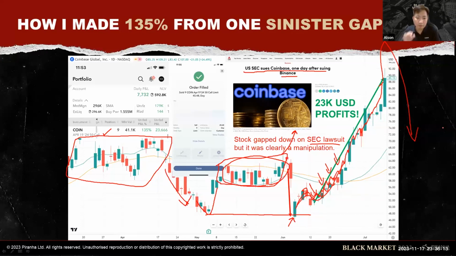When you trade, focus on the price action. And the reason why I had the confidence to enter is because I understand market manipulation. Imagine if I did not understand, I would have been afraid and sold off. I would definitely have sold away and then missed the whole thing. I'd miss this $23,000 move. Because if I'm not trained, I will not understand what's going on.